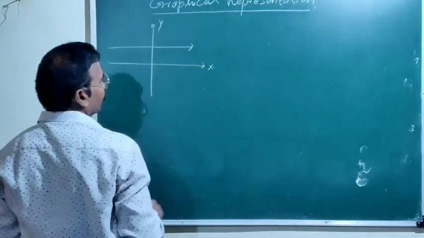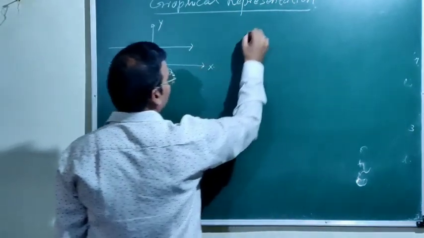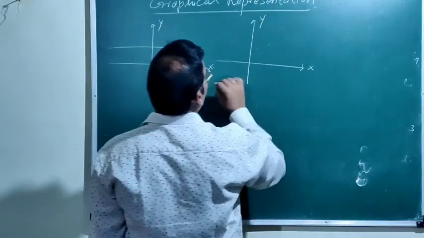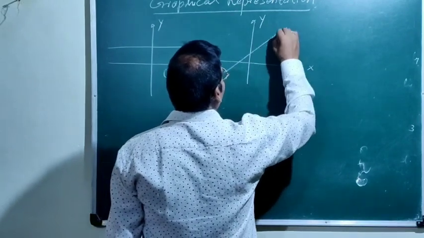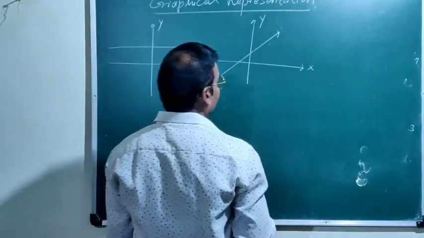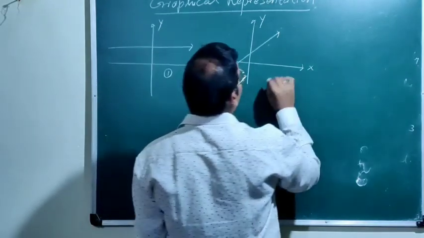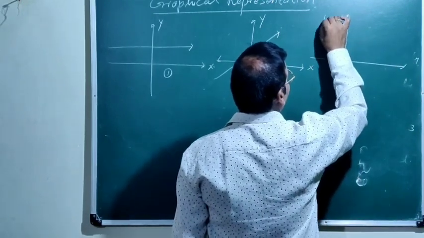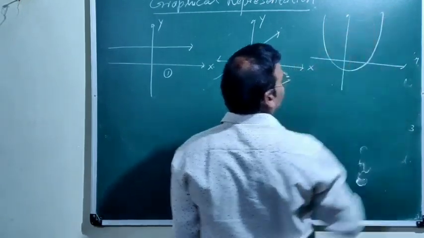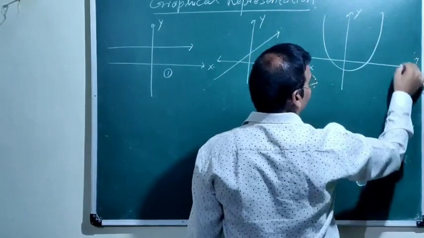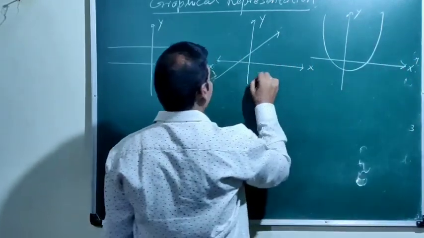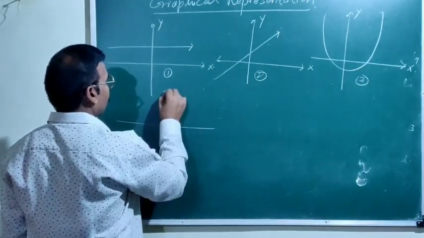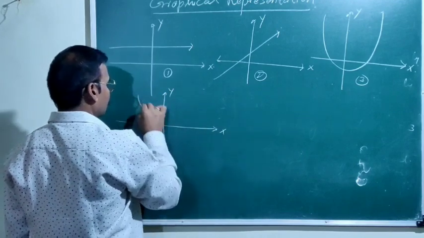This is the line parallel to x-axis. This is the line just intersecting the x-axis. This is y-axis, x-axis, second graph, third graph, y, x.